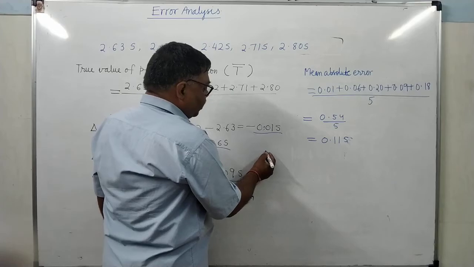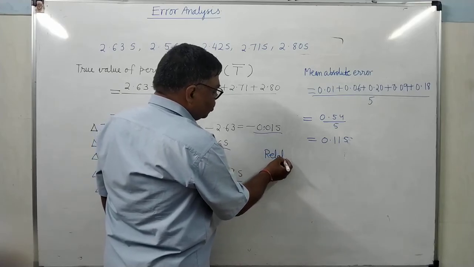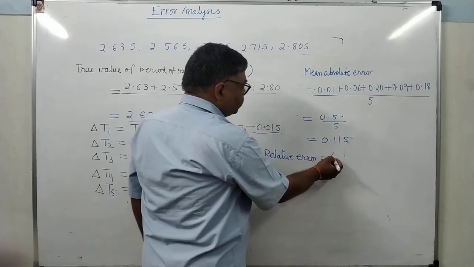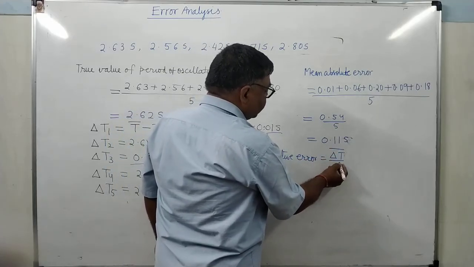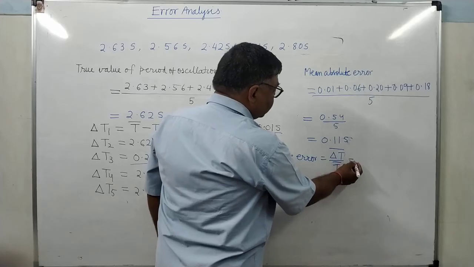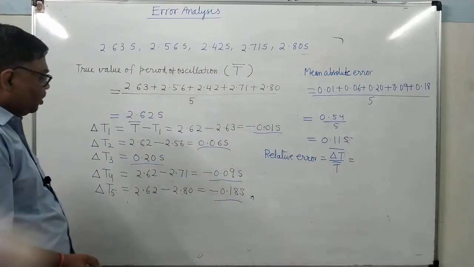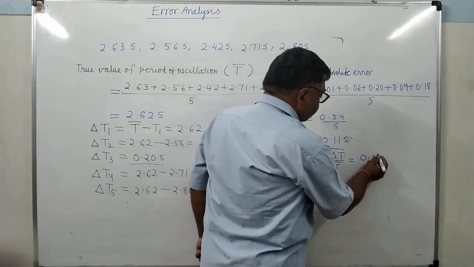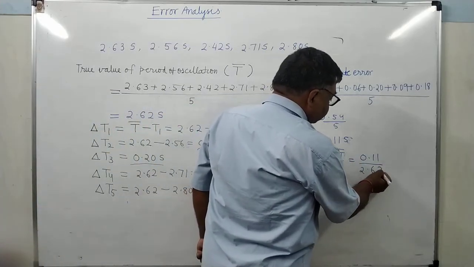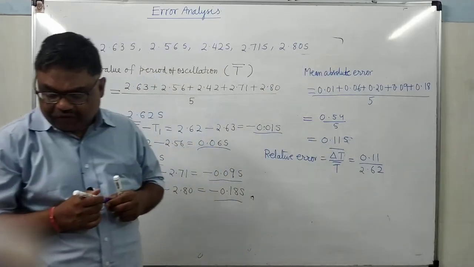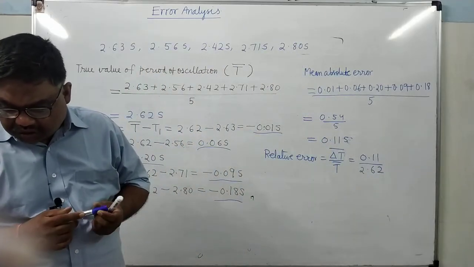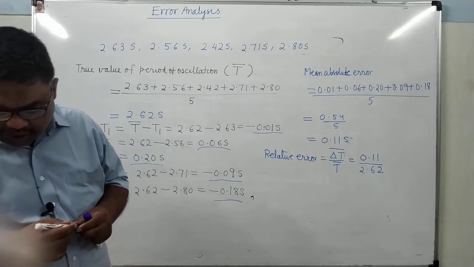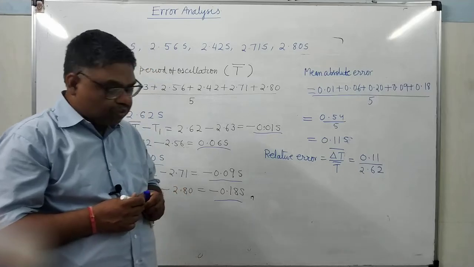Now after this we will calculate the relative error. Relative error is equal to the mean absolute error divided by the true value. What is the mean absolute error? 0.11. True value is 2.62. So 0.11 upon 2.62.